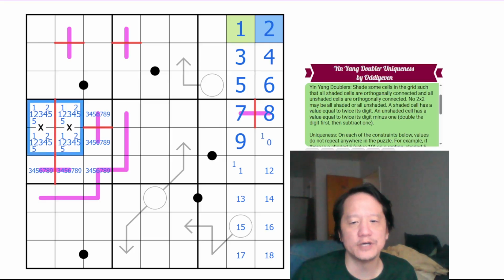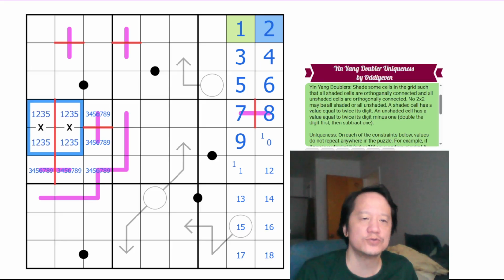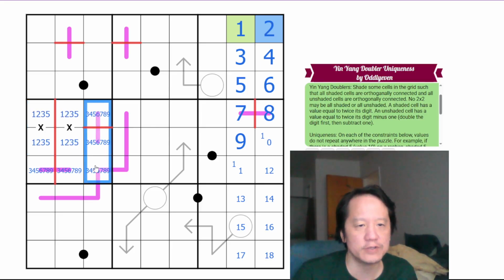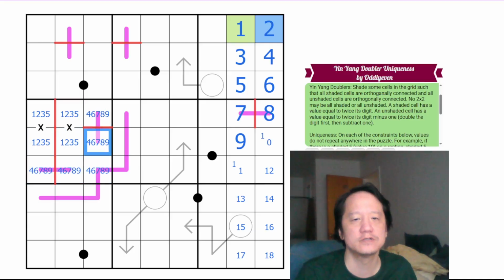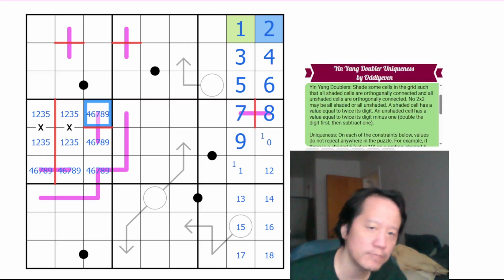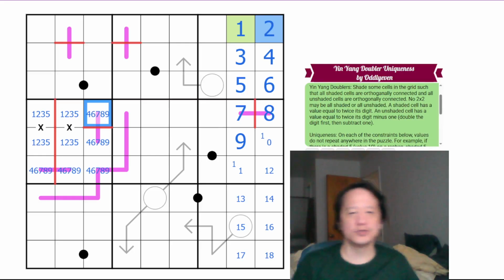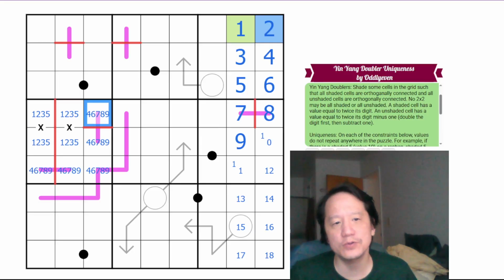So we know that this is essentially a 1, 5, 2, 3 quadruplet, which eliminates 2, 3 with 3 and 5 in the rest of the box. So you have 1 and 9 in value. You have 4 and 6 in value.